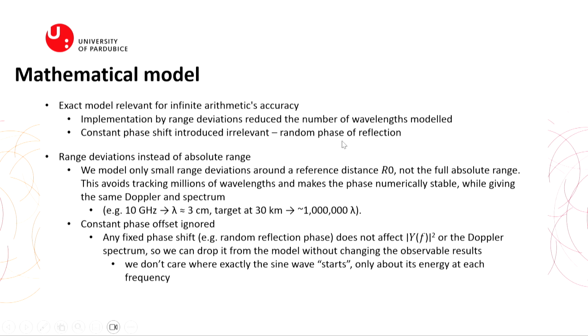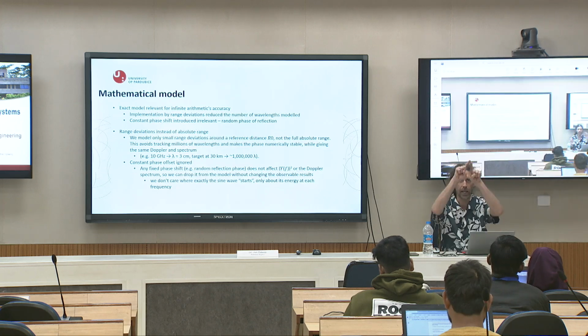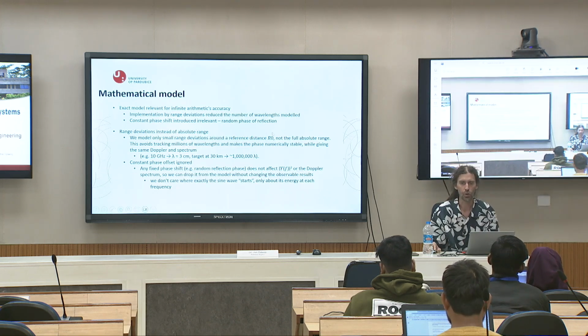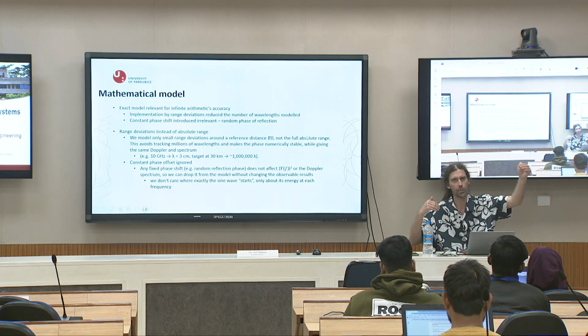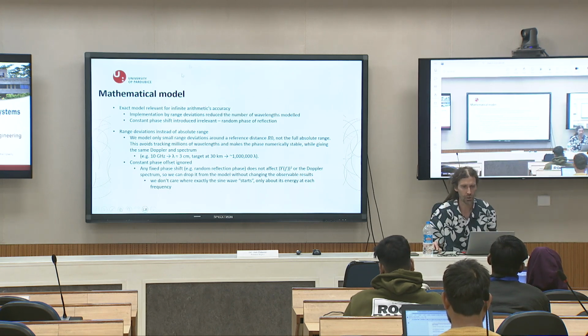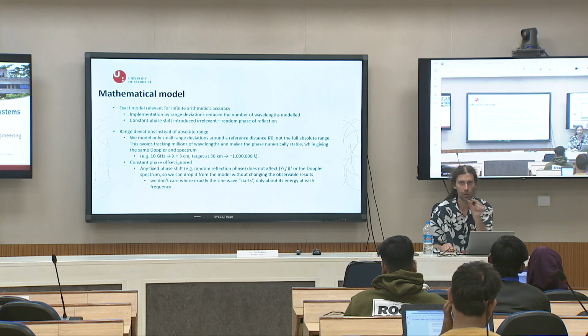And this random phase of reflection will cause us problems if I do it a different way. So I don't compute the whole range, but only the range deviation, and then we can model a small range of deviation around a reference distance, around just the blades, and not the full absolute range, if you get my point. Because it is differences, this avoids tracking millions of wavelengths and makes the phase numerically stable, because it is just a difference.